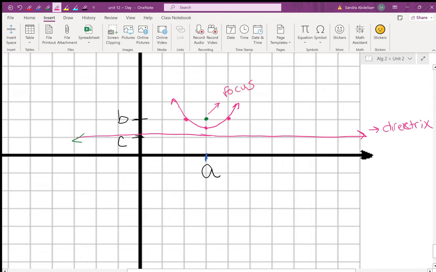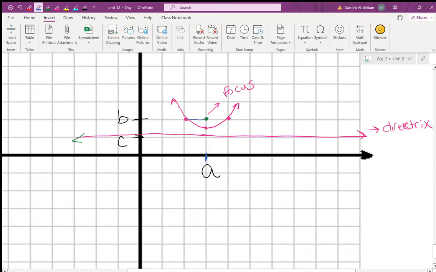Okay, so here's our graph. There's my focus, there's my directrix. My focus is a point, my directrix is a line. Every single point on this parabola will be the same distance to the focus as it is to the directrix. They'll all be equidistant from them. So what does that mean?